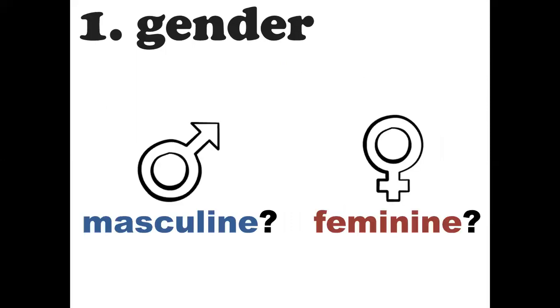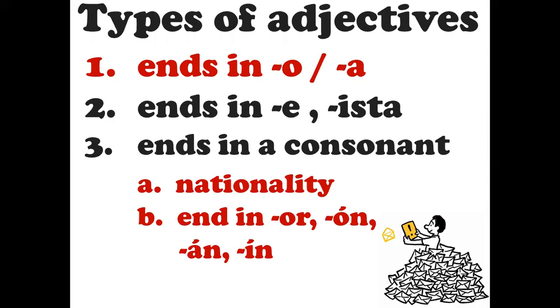If you watch the noun video, you know that is a consideration in Spanish. So the only types of adjectives that will adjust themselves according to the gender of nouns are the ones in number 1, the ones that end in O or A, and the exceptions in number 3, nationality or ending in or, on, an, or in.